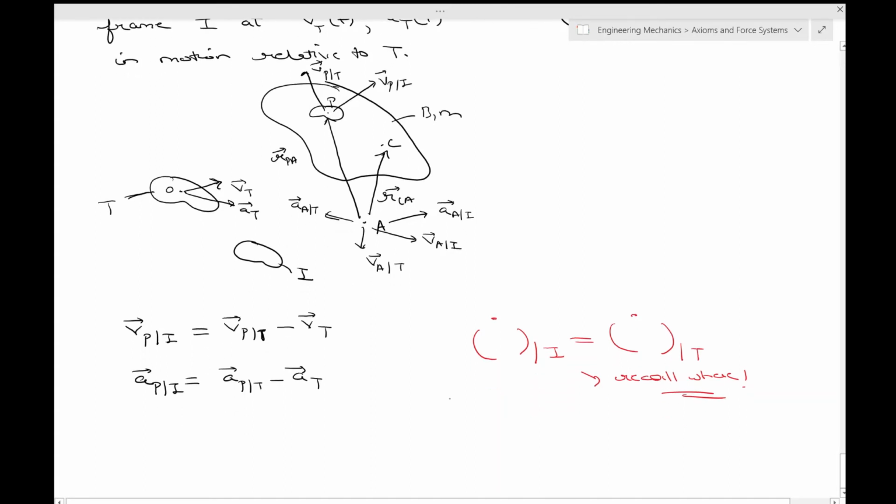Now this would imply that the velocity of PA in the I frame is the same as velocity of PA in the T frame, just because the velocity of PA can be written as RPA dot. Okay, so using this we are saying this.